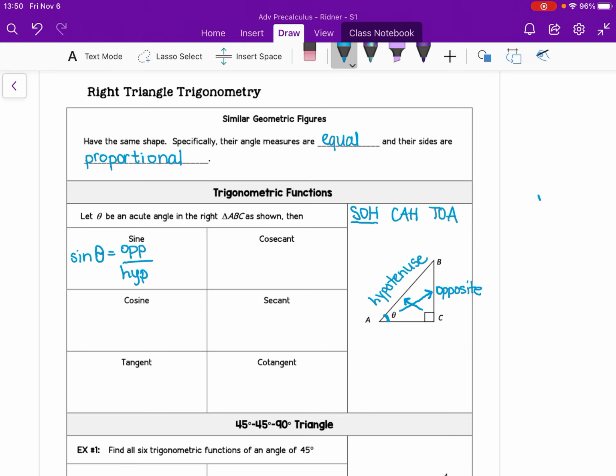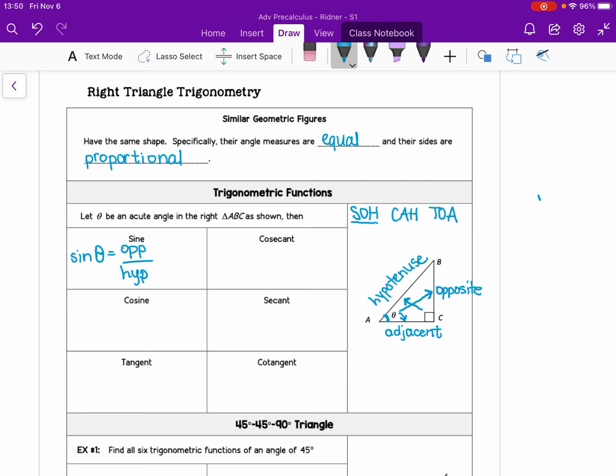That means that the adjacent side, so the side that is next to it but is not the hypotenuse, is there. So just think about what those words mean in English dictionary and relate them to math.